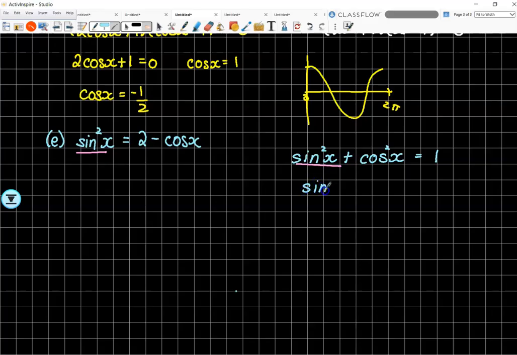Yeah, thanks. 1 minus cos squared. So now I can replace that here. Instead of sine squared, it's going to be 1 minus cos squared equals 2 minus cos x. And now we take Dev's idea about getting everything on one side.